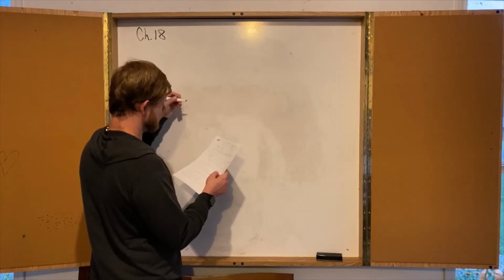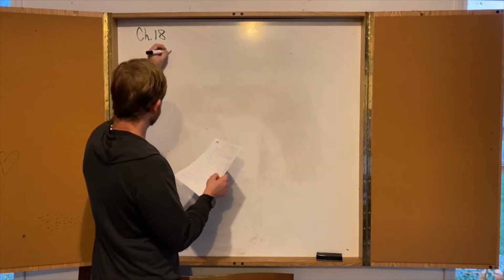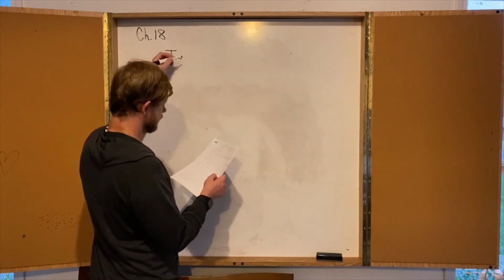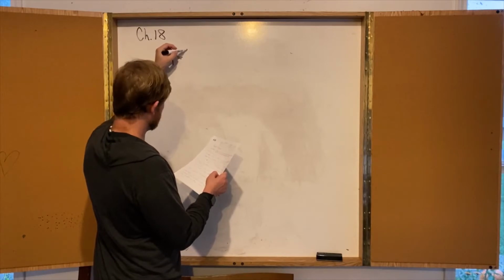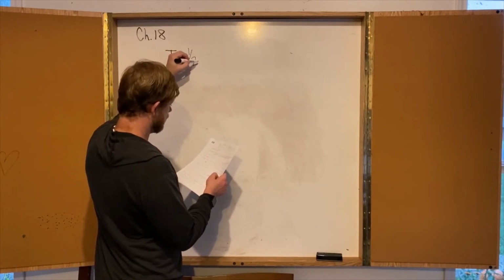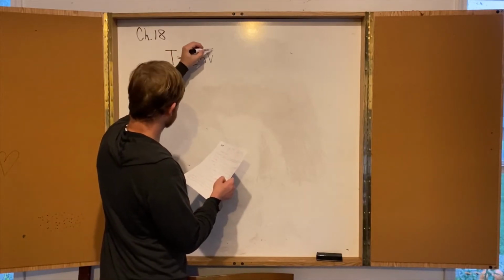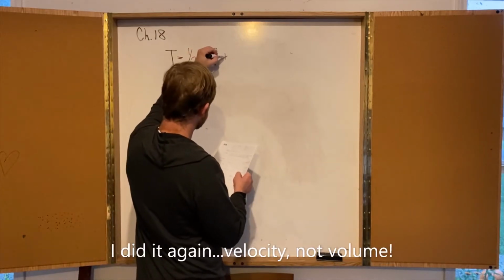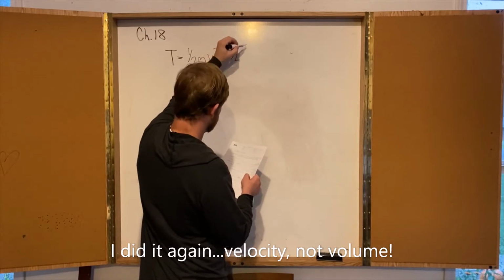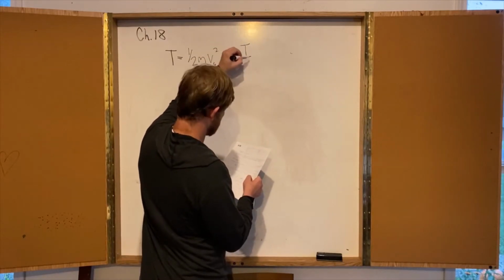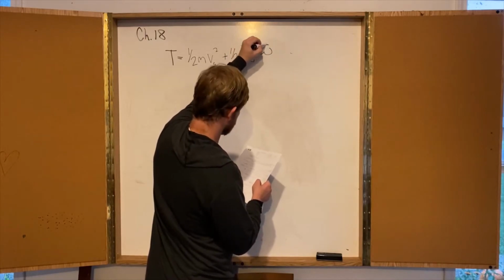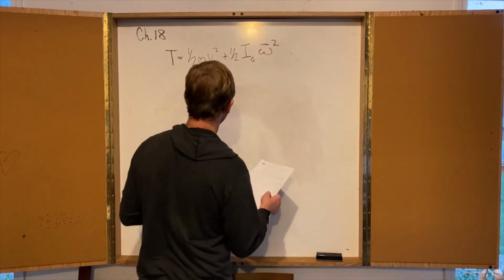In rotation about a fixed axis, we know that T, being kinetic energy, equals 1/2 mass times the velocity squared about G plus 1/2 the moment of inertia about G times the angular velocity squared.